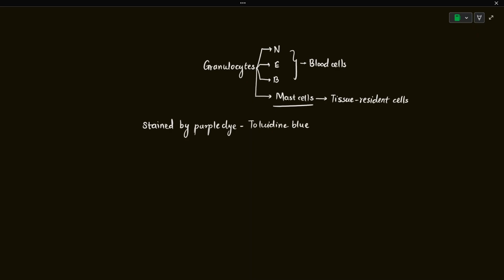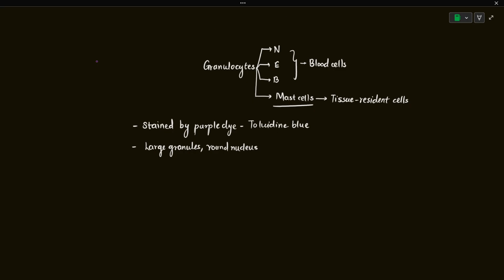The mast cells have large granules in their cytoplasm, and they have a round nucleus. So the nucleus of a mast cell doesn't have multiple lobes, such as neutrophils, or bilobes, such as eosinophils or basophils, right? They only have a simple round nucleus, just like any other cell, and they have large granules.